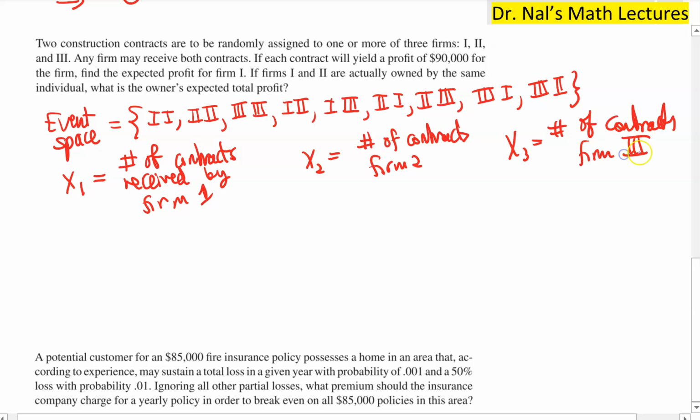Let's write it in Roman numerals, right? So firm 2 like we did above, and firm 3 here.